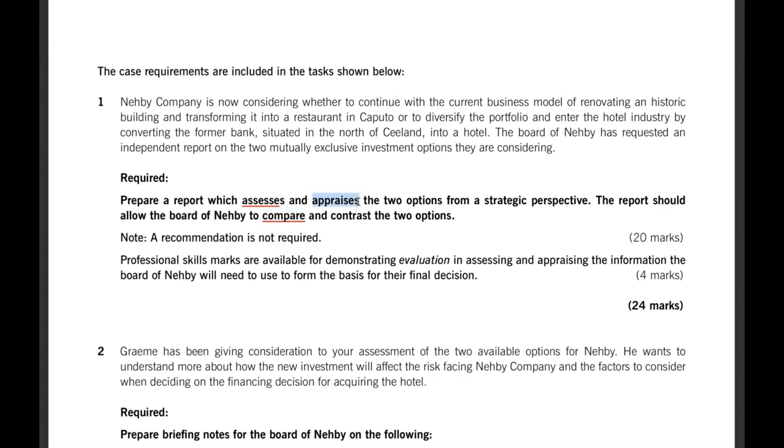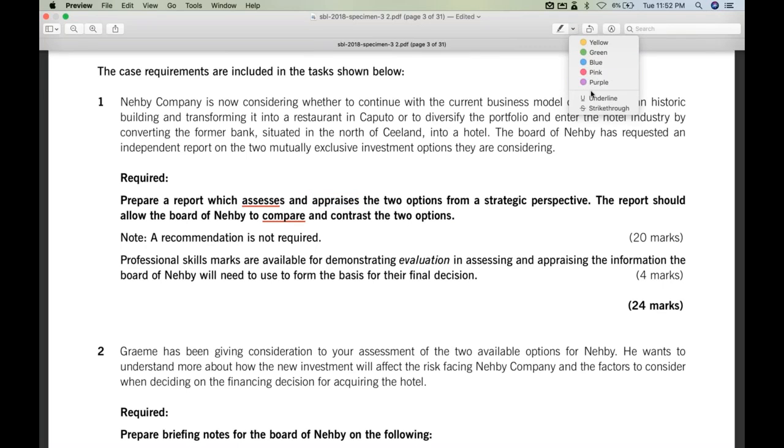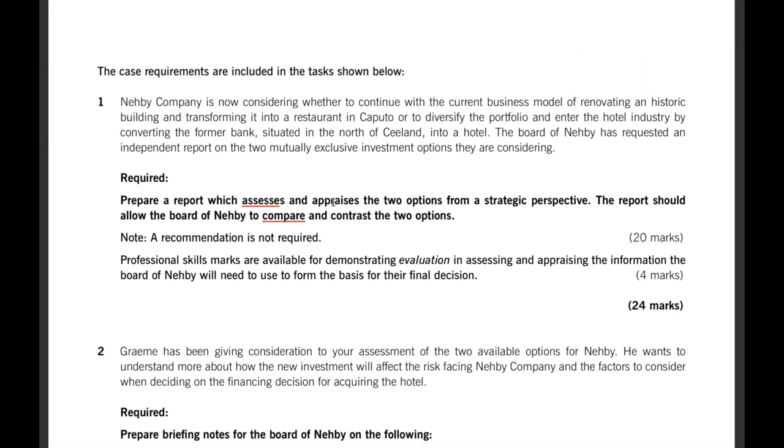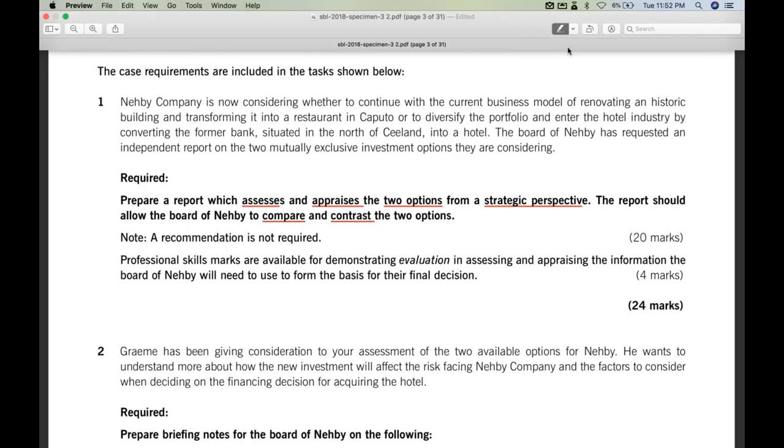Appraise two options from strategic perspective. You're supposed to compare and contrast. What do you think is the syllabus area?